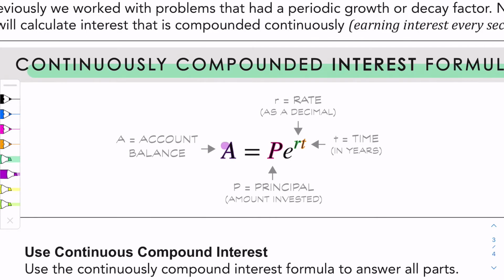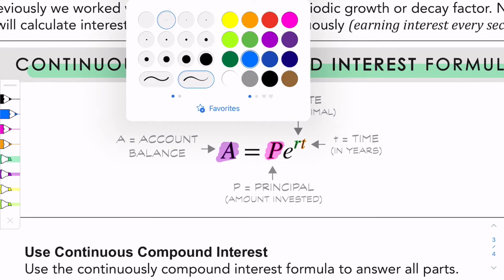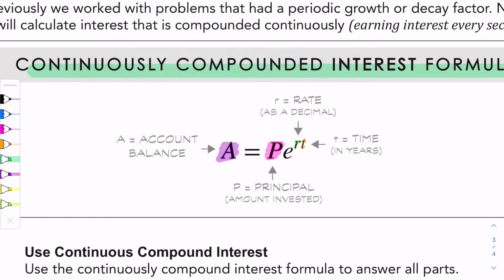But we have our account balance, which is going to be our solution. And in the formula, we still have our principal amount, so the starting amount. This right here is a button in your calculator.